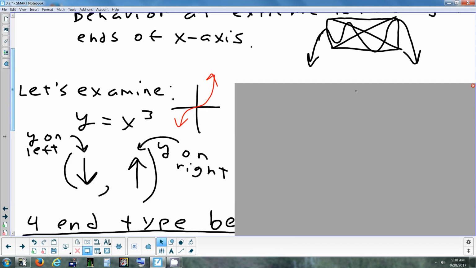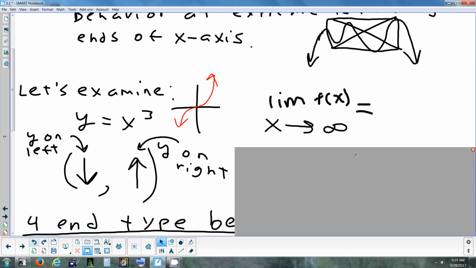So if you describe the right side first, the right side is up. The left side is down. I don't like describing it that way because then it's kind of backwards. I like describing the left side first and then the right side. Always in that order.